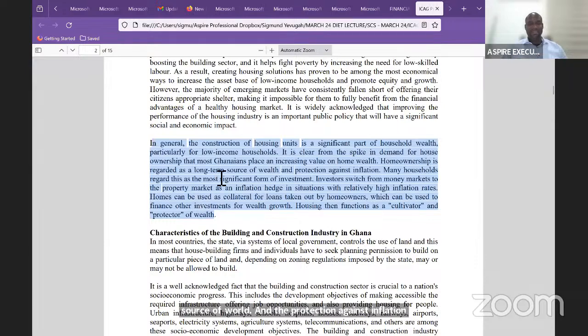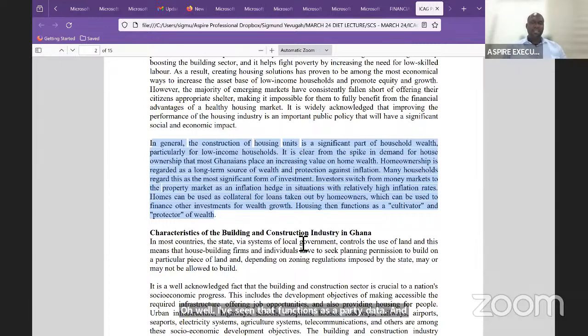Many households regard this as the most significant form of investment. Investors switch from money markets to the property market as a hedge for inflation in situations with relatively high inflation rates, like we have in Ghana. And homes can be used as collateral for loans taken out by the homeowner, which can be used to finance other investment for wealth. Housing then functions as a cultivator and a protector of wealth.